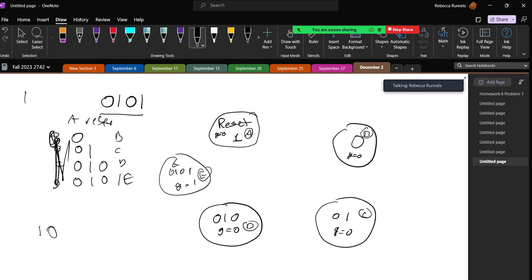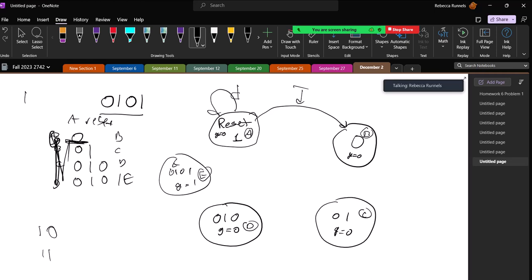Well, that gets me to my first step here. So if I have a D bar, that gets me there. But if I get another 1, I'm right back where I started. I don't have anything. And that's D.